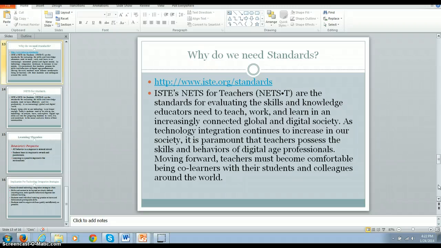So with this one, the most important statement is as technology integration continues to increase in our society, it is paramount that teachers possess the skills and behaviors of digital age professionals. So the skills and behaviors of digital age professionals, how do they look like? Those are embedded in the standards. That's why we need standards.